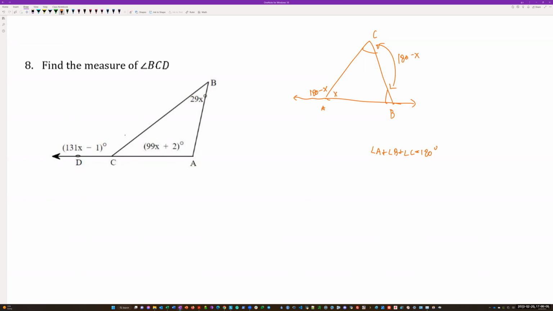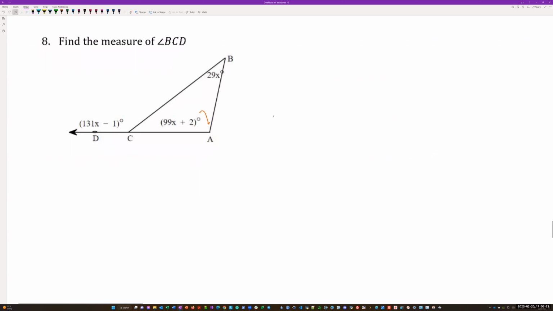All right, so now this isn't really that good the way they wrote this. It's kind of hard to read what this is saying. But I guess this has to do with here, okay? So then that would mean that this plus this has to be equal to this. Does that make sense? And then all you do is 99x plus 2 plus 29x equals 131x plus or minus 1, whatever.